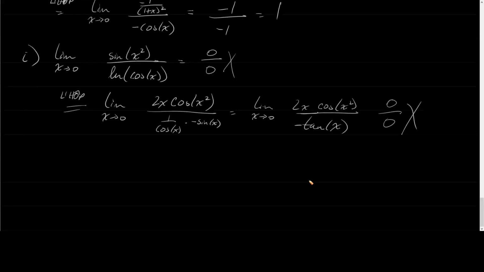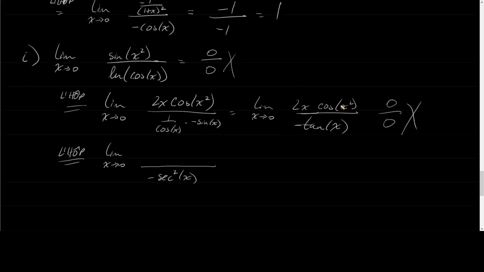So because of that, we can apply L'Hopital's rule again. We end up with the limit as x goes to 0 of the derivative of the top over the derivative of the bottom. On the bottom, easy, negative secant squared of x.